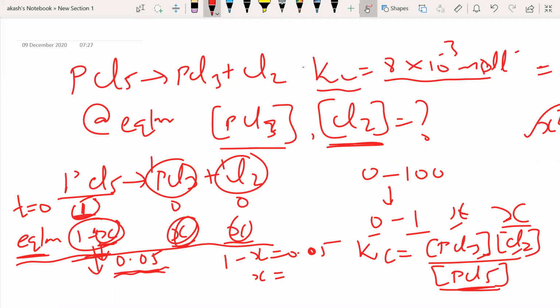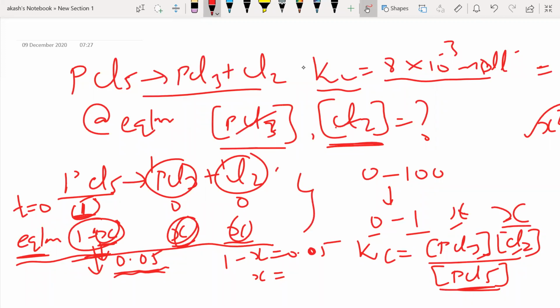This equation was given to you, and they have given the Kc value, and they've given the concentration of PCl5 at equilibrium. They're asking what is the concentration of this and this at equilibrium.